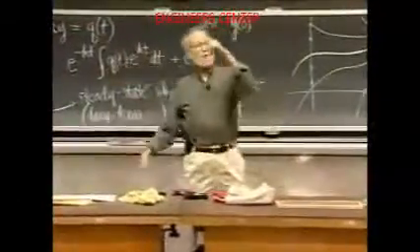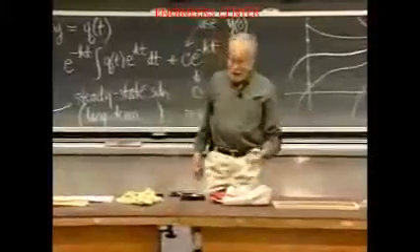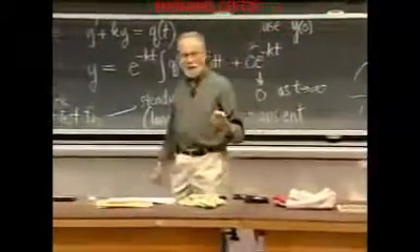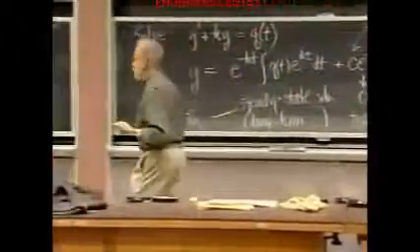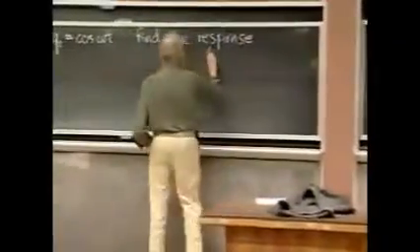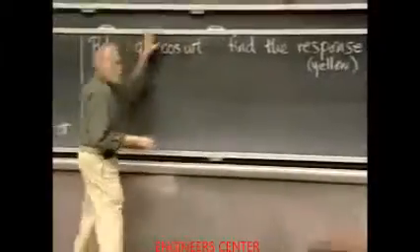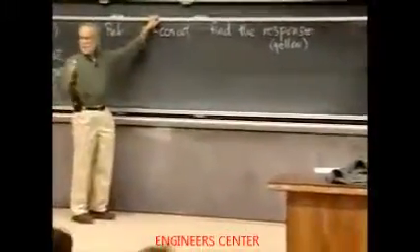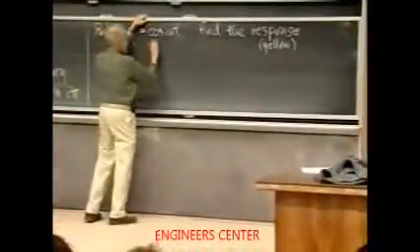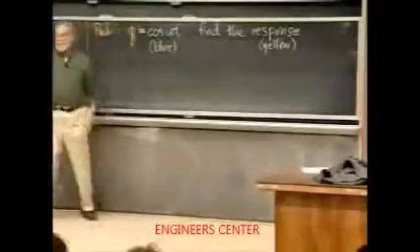The input was in green, maybe, but I do remember that the response is in yellow. So find the response, yellow. And the input was, what color was it, green? Blue, light blue.